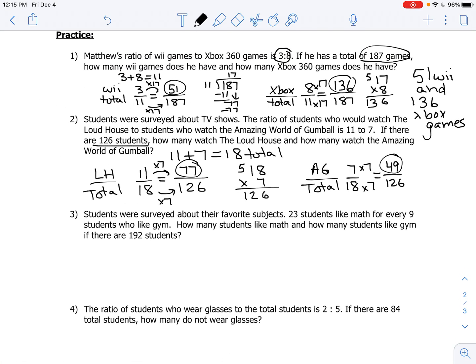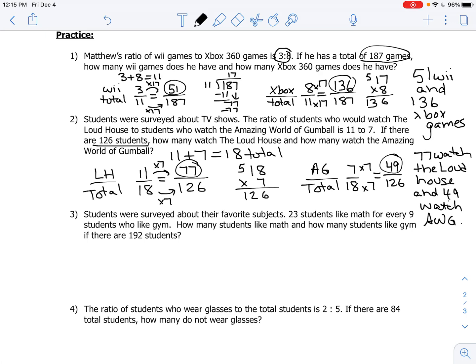So if I spell it all out here, 77 watch The Loud House and 49 watch The Amazing World of Gumball. I'll just put AWG there for short form because I'm running out of space.